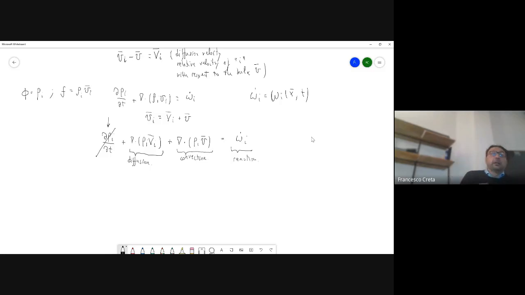Flames are basic solutions. They can be steady state solutions of reactive flow. So imagine you have a lighter, you light the lighter, look at it.